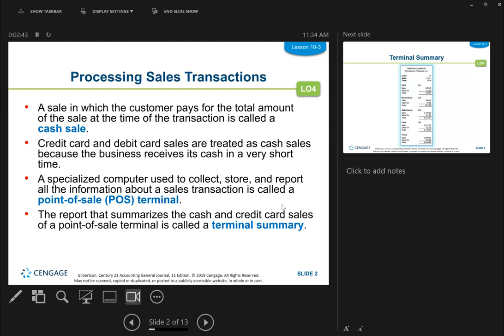The report that summarizes the cash and credit card sales of a point of sale terminal is called a terminal summary. That'll be a type of source document that you'll get in this chapter to do transactions with. It basically looks like a summary receipt.